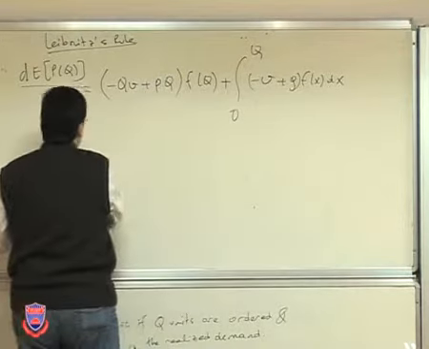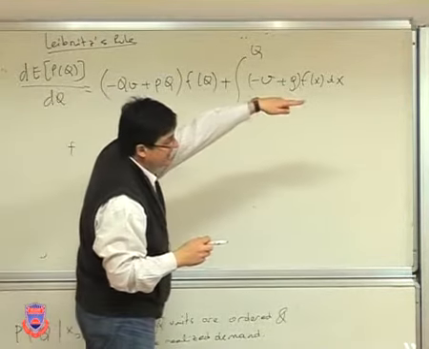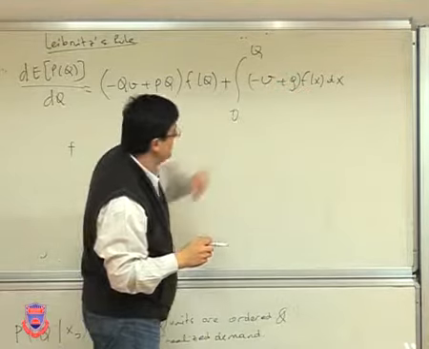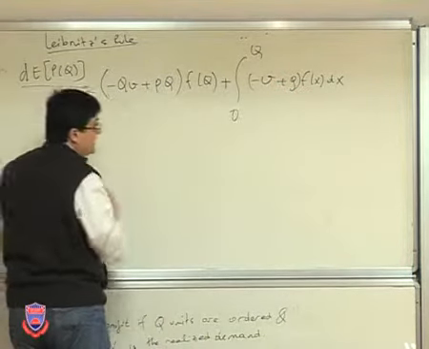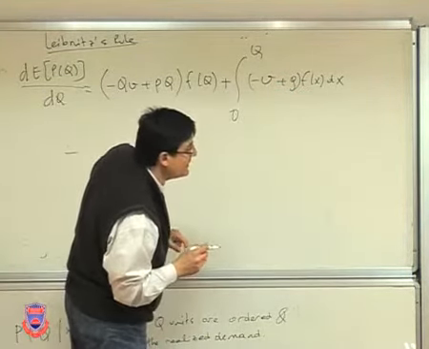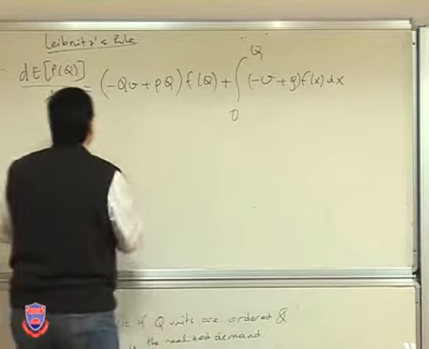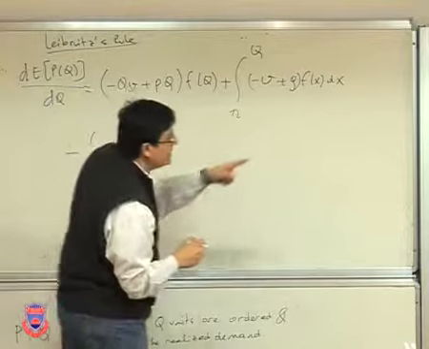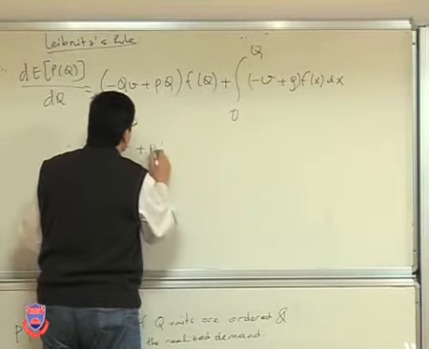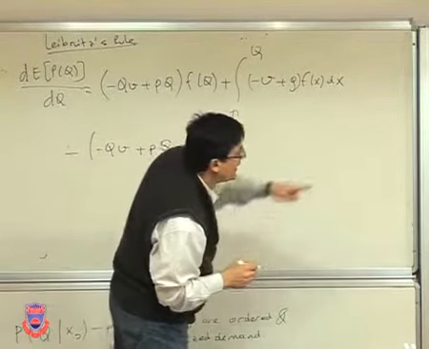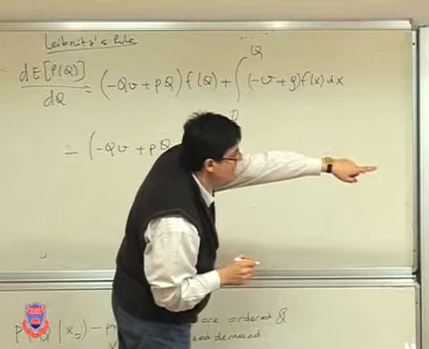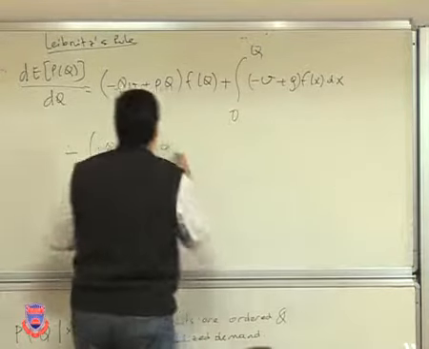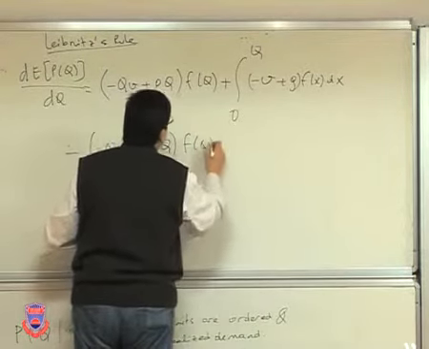And then for the second integral, the derivative of the upper limit is 0. The derivative of the lower limit is going to be 1. So I'm going to have minus qv plus pq. And then instead of x, I'm going to substitute q, so that term is going to vanish. I'll have f of q.